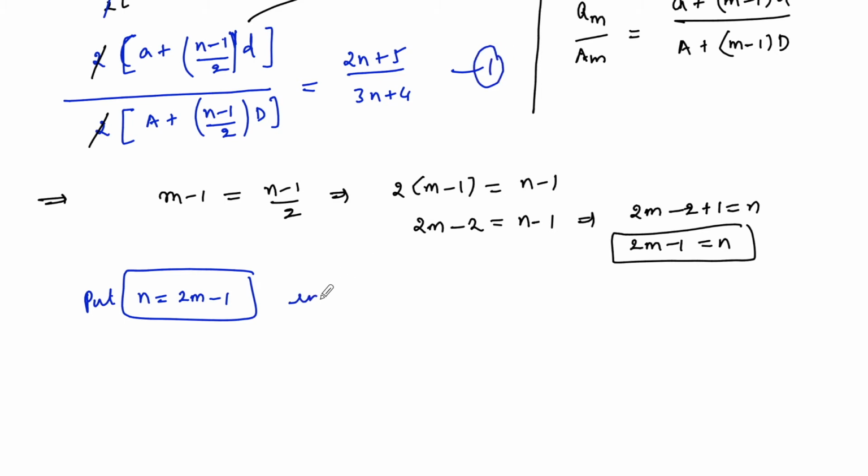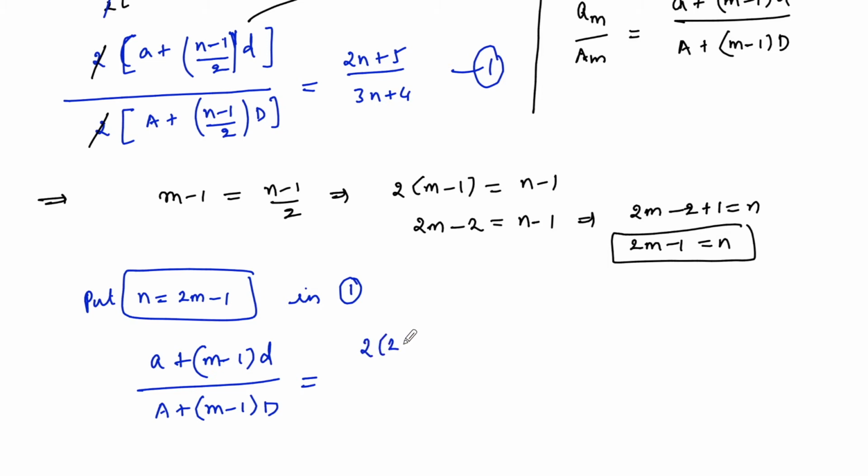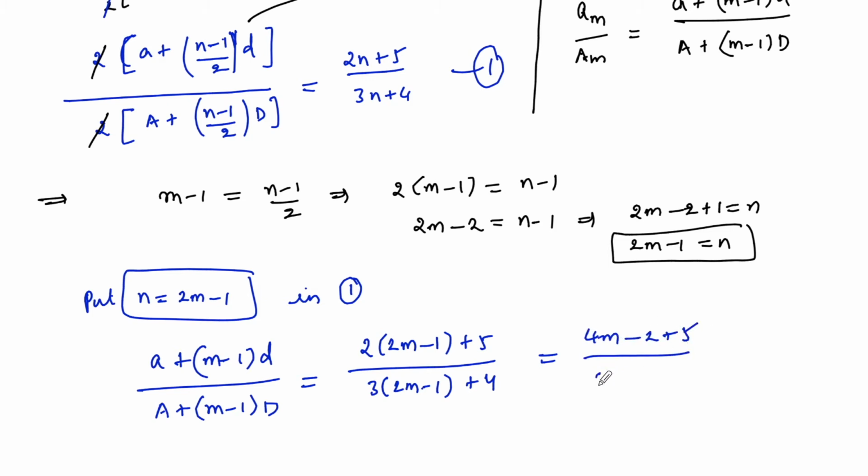So in equation 1, we will get the numerator a plus m minus 1 into d, and the denominator capital A plus m minus 1 into capital D, which is equal to, substituting here, 2 times (2m minus 1) plus 5 upon 3 times (2m minus 1) plus 4, which is equal to 4m minus 2 plus 5 upon 6m minus 3 plus 4.